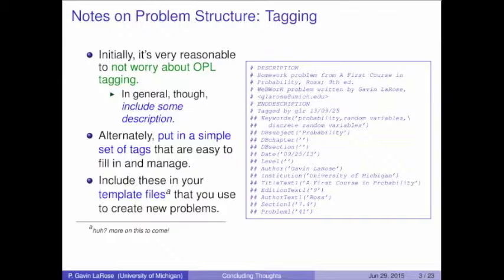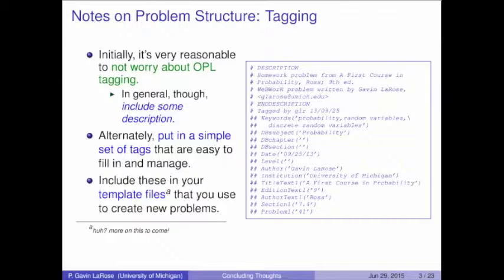This is not a terribly simple set of tags, but it's the type of thing that I just sort of block in even if I'm not putting it into the OPL immediately. And if I put them into my template, then when I'm editing new problems, they automatically inherit the right set of words at the top of the file so that I know what I'm doing.